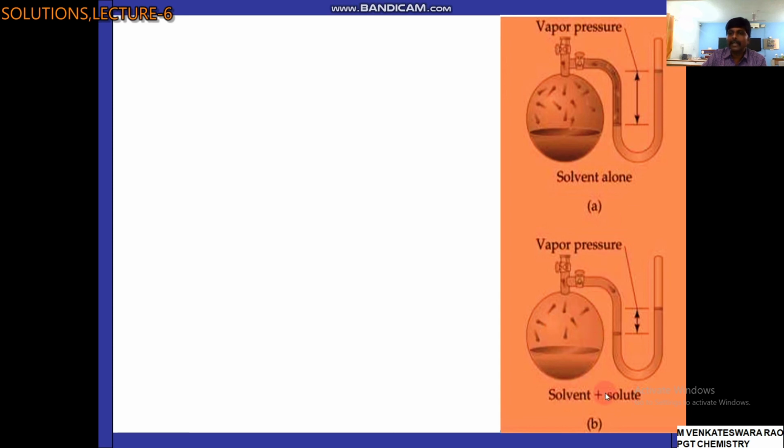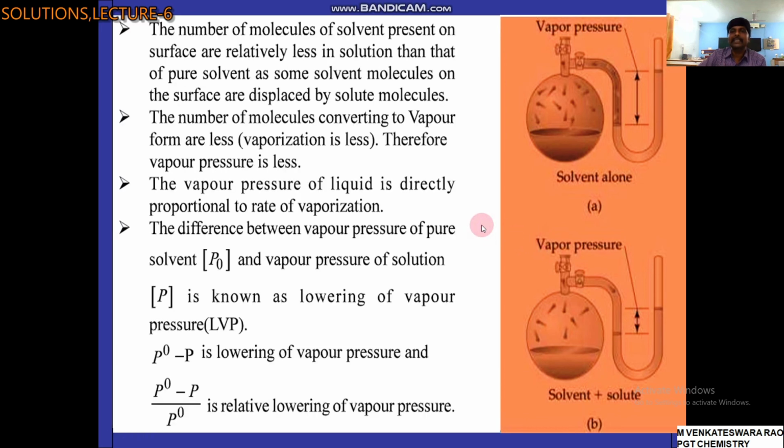A solution contains solvent and solute, so fewer molecules come into the vapor phase. So the number of vapor molecules decreases, and hence the vapor pressure decreases. By adding a non-volatile solute, its vapor pressure decreases. This is called lowering of vapor pressure.